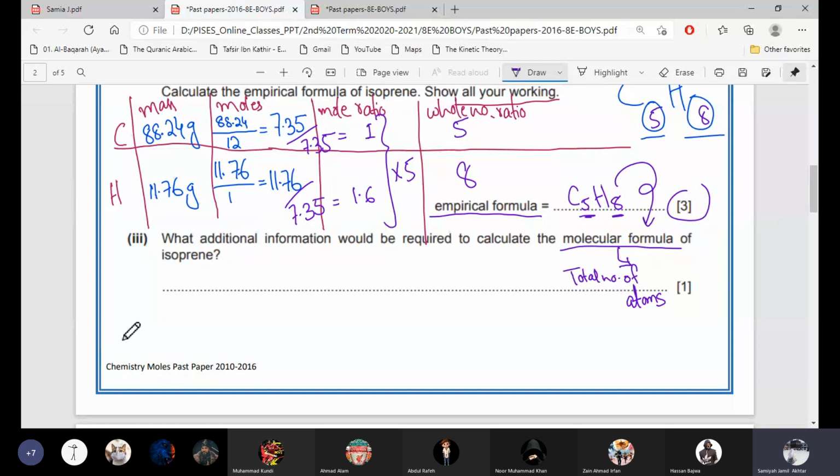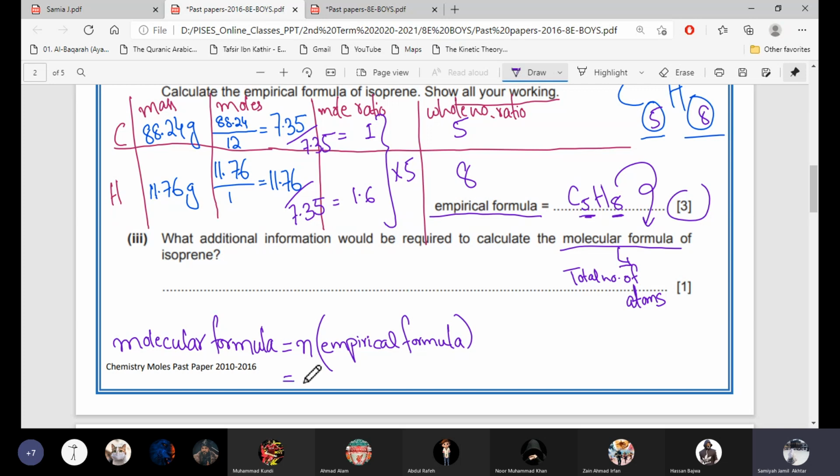To find the molecular formula, we have this formula, please note it down: molecular formula is equal to N multiplied by empirical formula. This N can be any integer, any whole number.